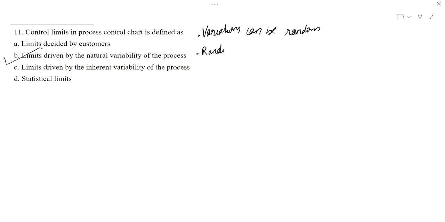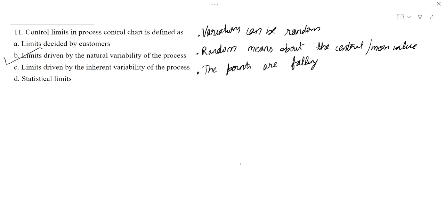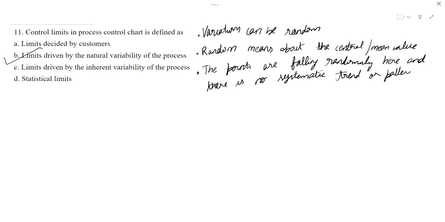Random means about the central or mean value, the points are falling randomly here and there, with no systematic trend or pattern.